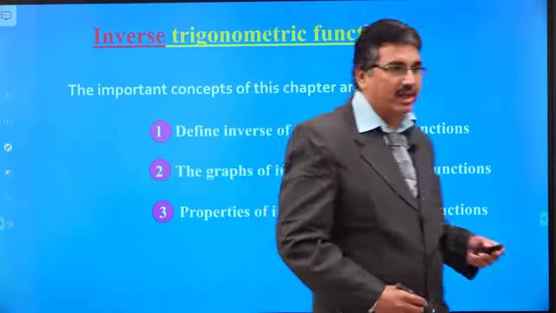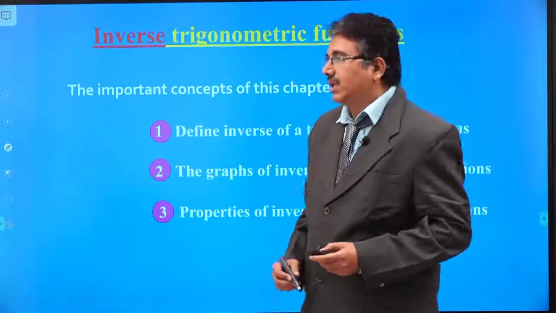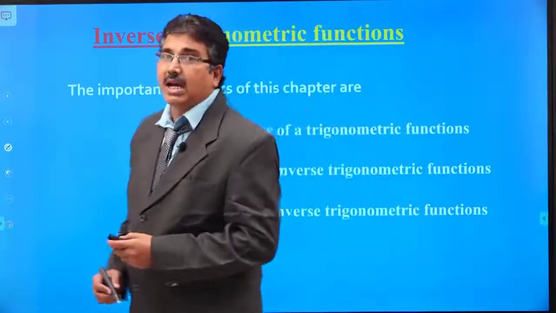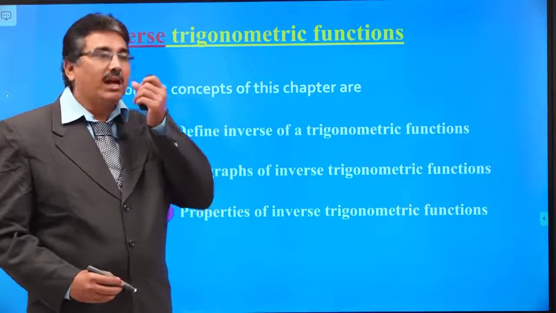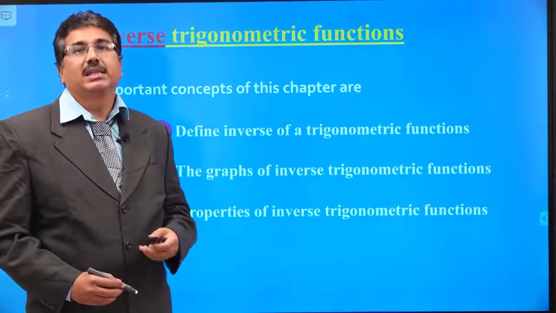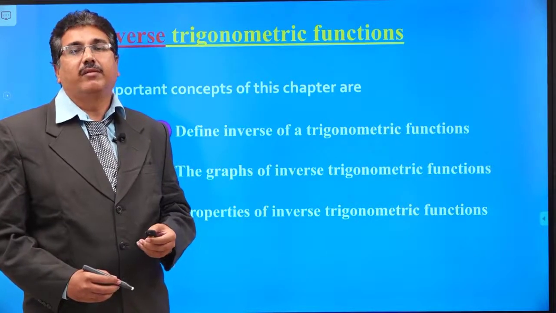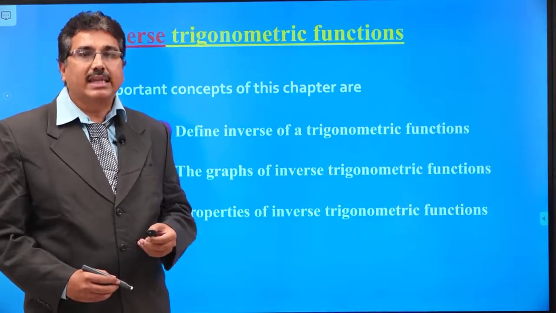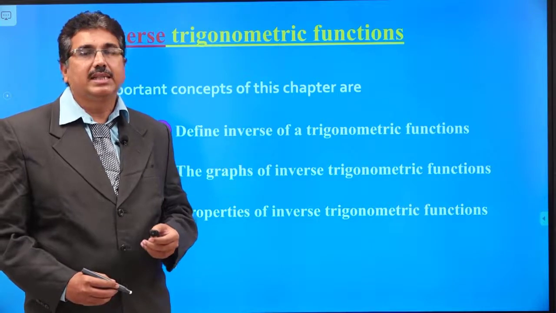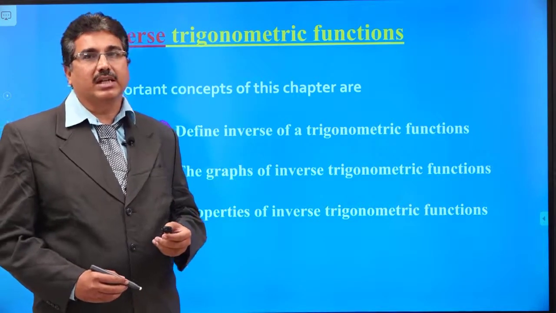First one, what is inverse of a function? The inverse of a function is the image of a function with respect to the line y is equal to x. That is the inverse of a function.